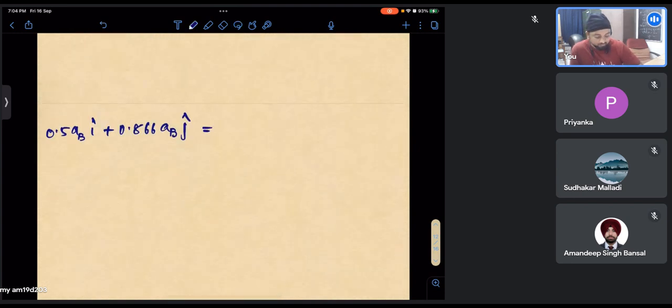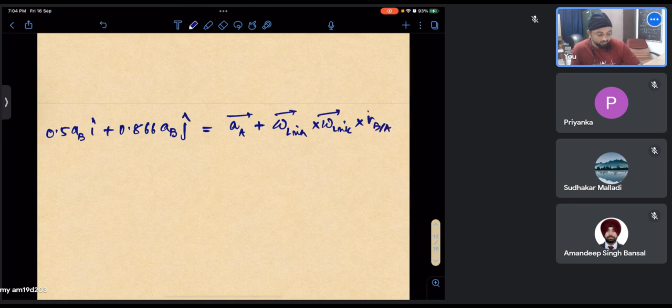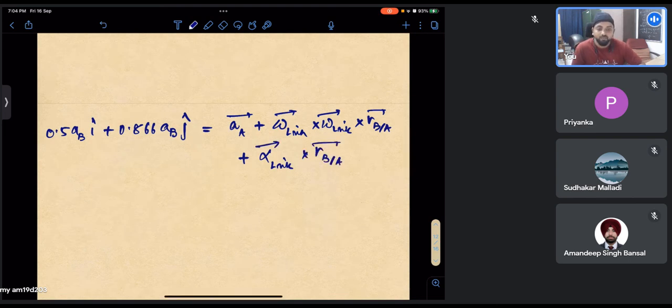Okay, this is nothing but our acceleration of A plus omega link cross omega link cross RB with respect to A plus alpha link cross RB with respect to A. We don't know anything about alpha link.